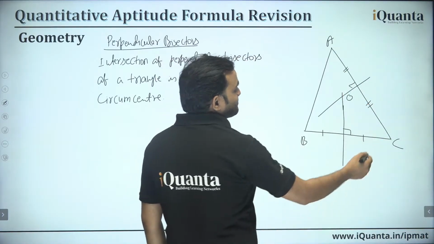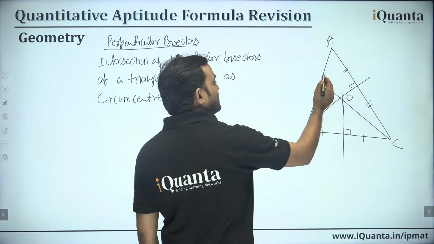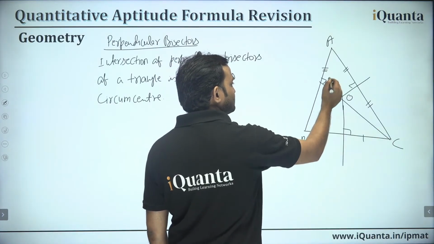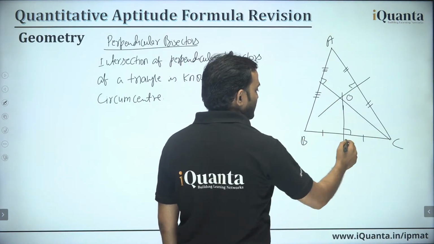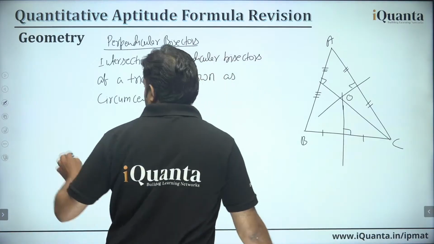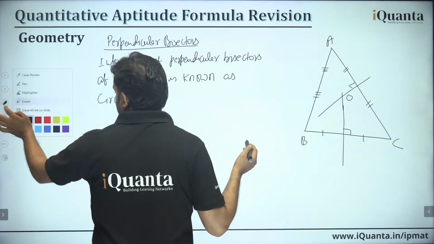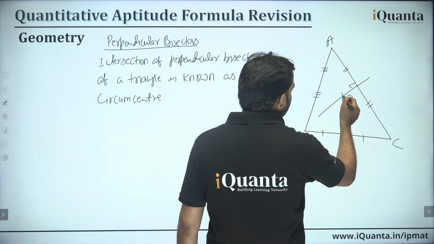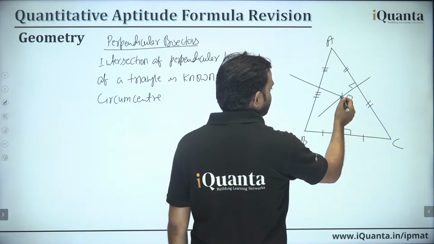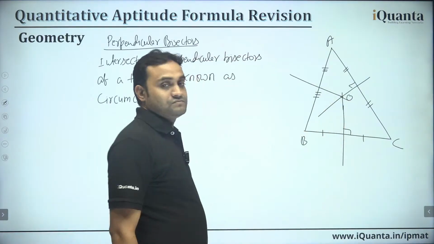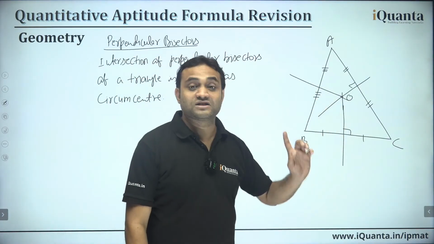So the third perpendicular bisector must be passing through this point. The third perpendicular bisector will pass through here. Okay, this point is known as O.